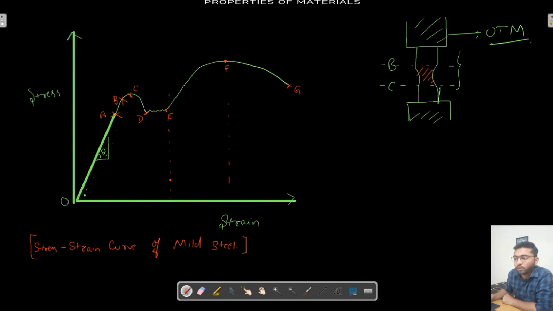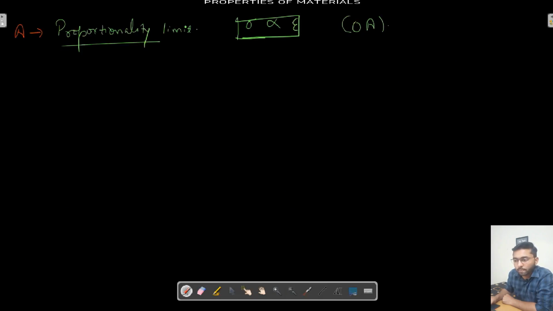Okay. Now the next point is point B, which is also known as elastic limit point. Now the question arises, what is elastic limit point?